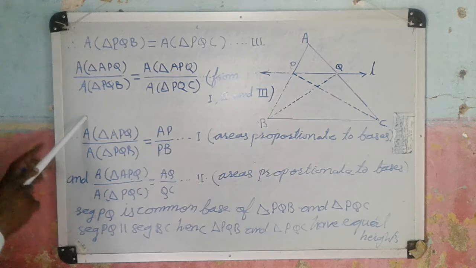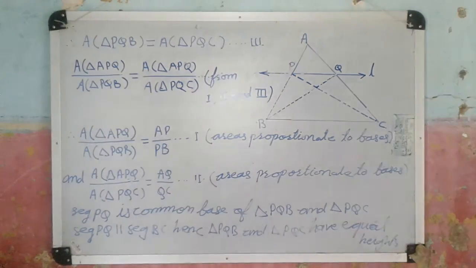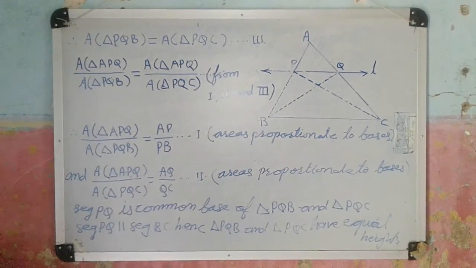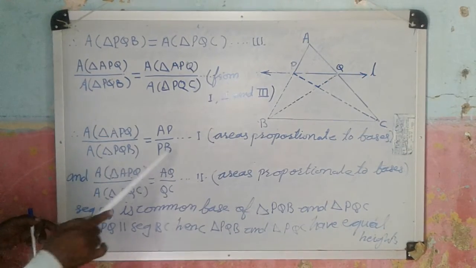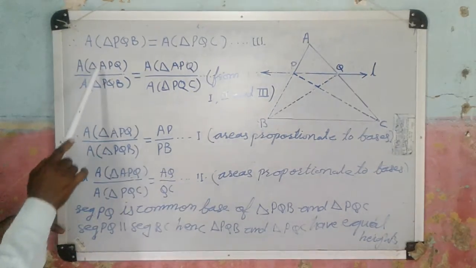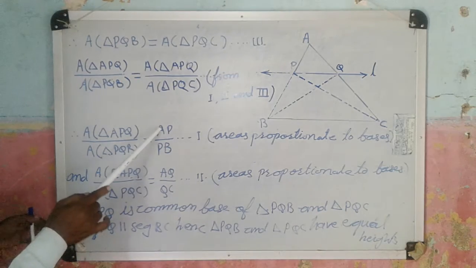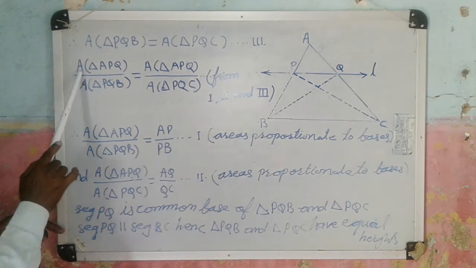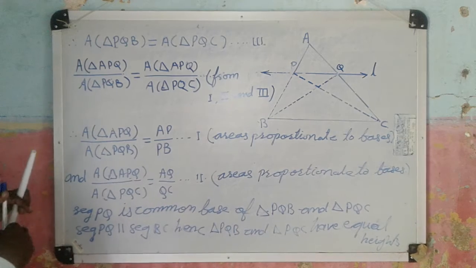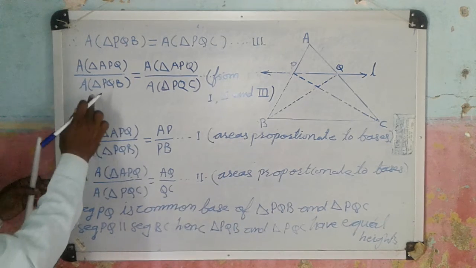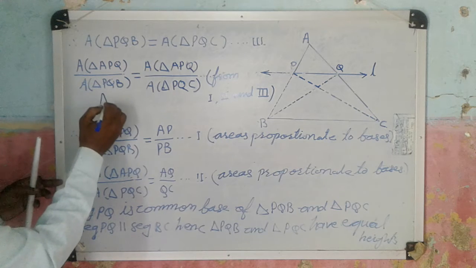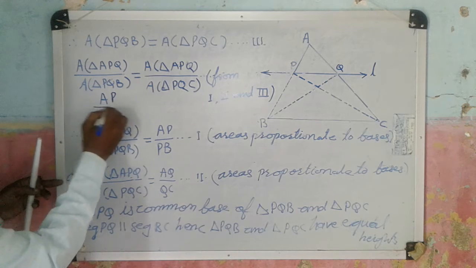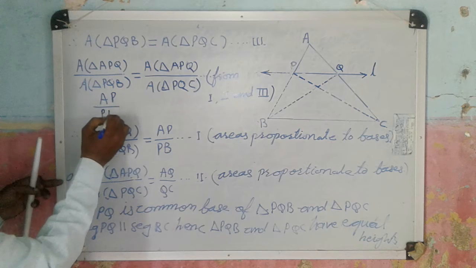Okay, now therefore from statement 1, this ratio, area of triangle APQ upon area of triangle PQB, is equal to AP upon PB.